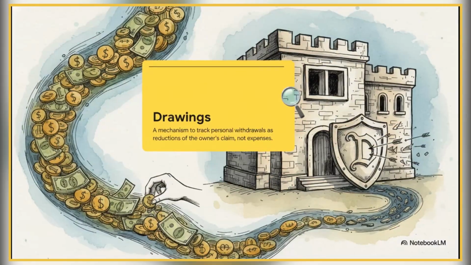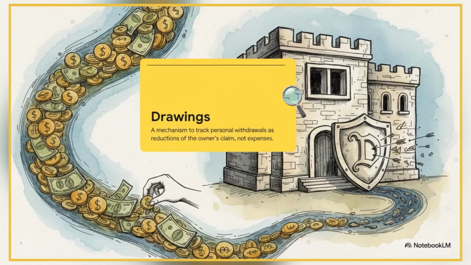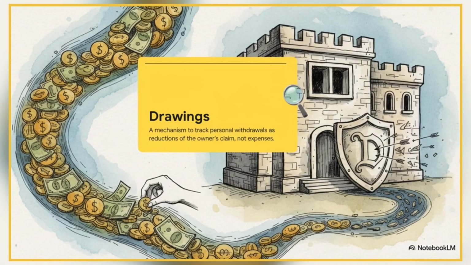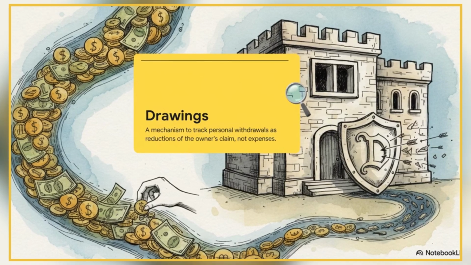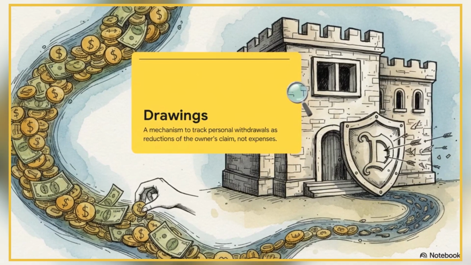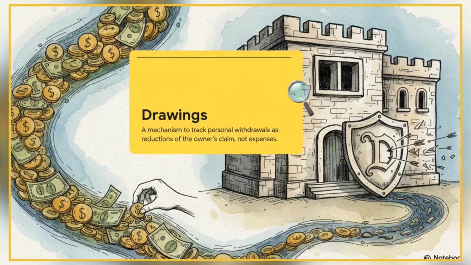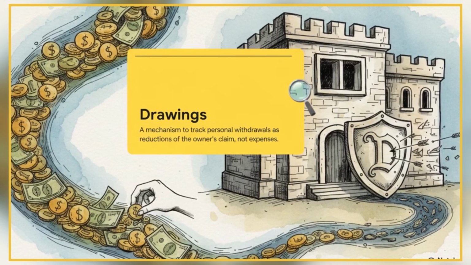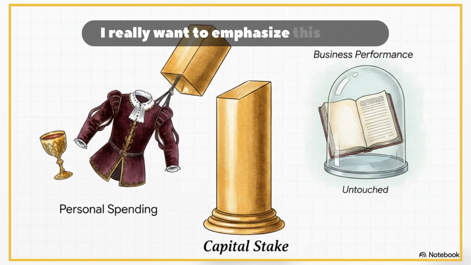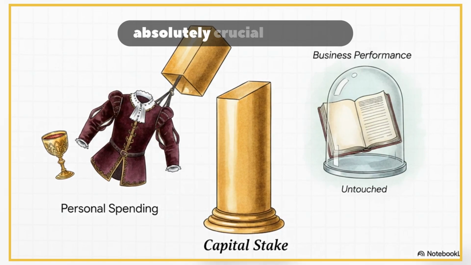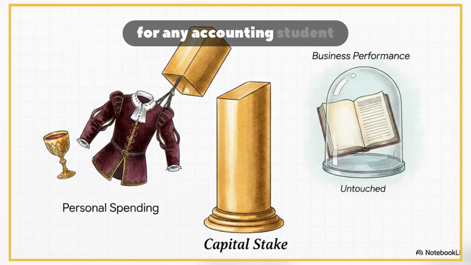To solve this dilemma, the accountants created a brilliant protective shield: drawings. Drawings were created as a separate mechanism entirely, just to track personal withdrawals. Instead of carelessly throwing them in with the expenses of running the bank, they functioned strictly as reductions of the owner's claim on the business. I really want to emphasize this clearly because it is an absolutely crucial takeaway for any accounting student.